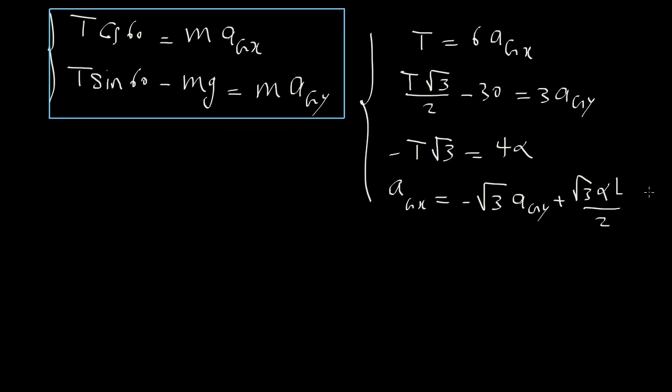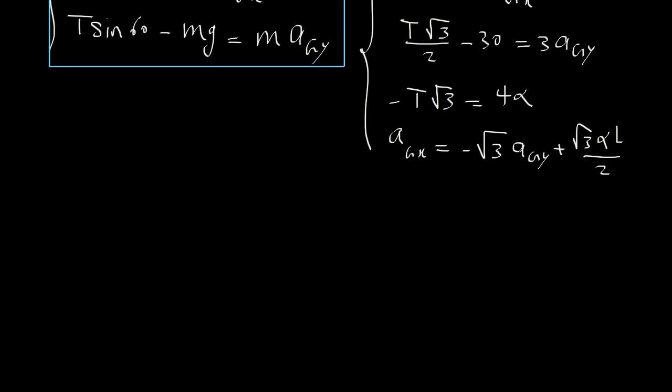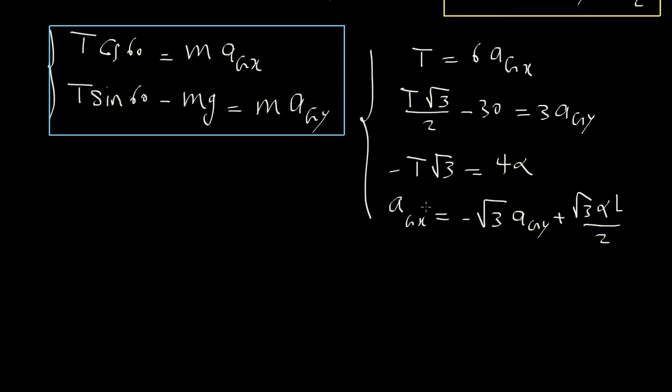So here I can substitute. I lost my way here, so I can substitute here for Agx based on, let's find Agy based on T. So here Agy is equal to, divide both sides of this equation by 3, so we get T square root of 3 over 6 minus 10.